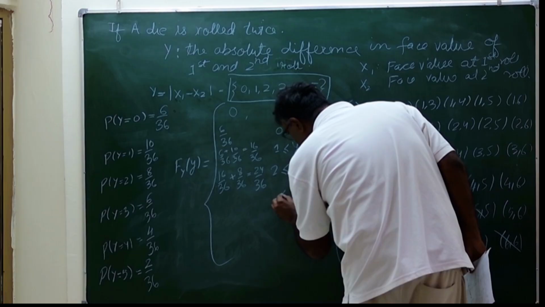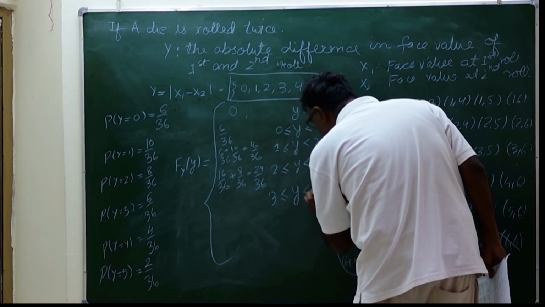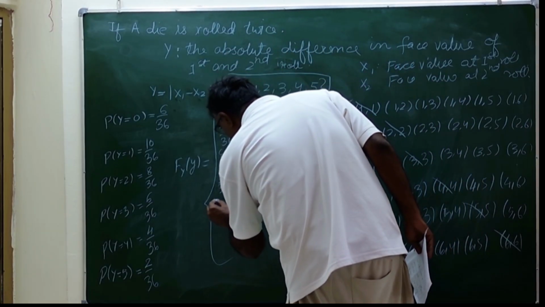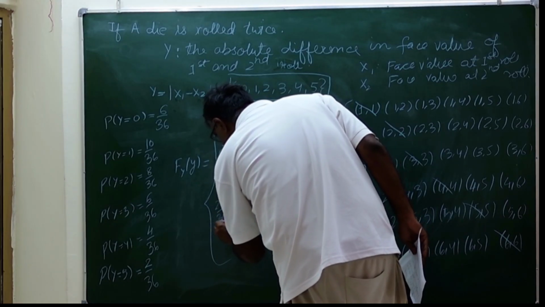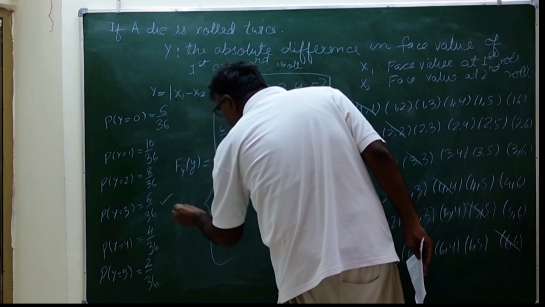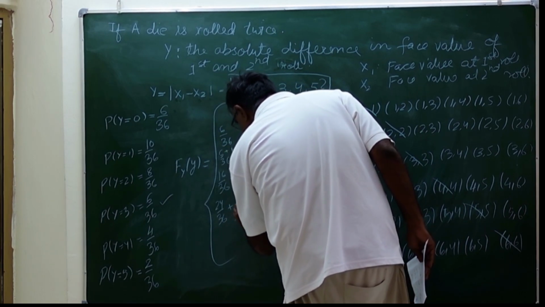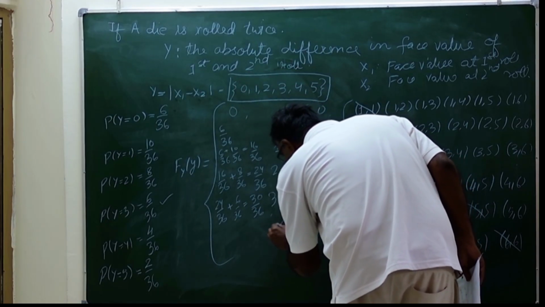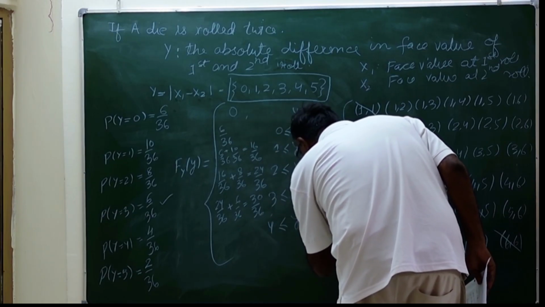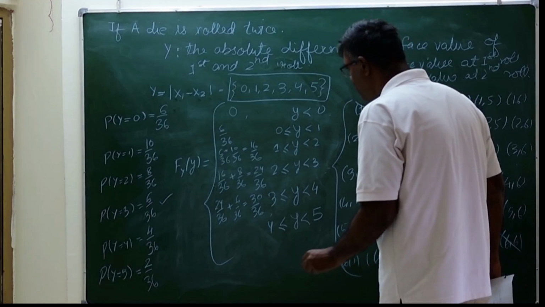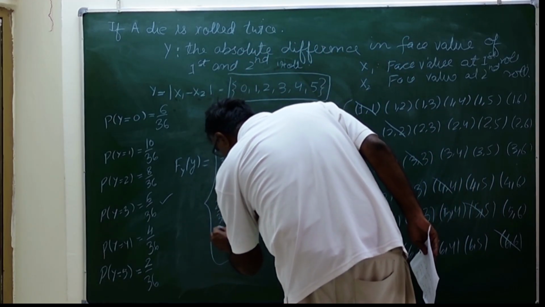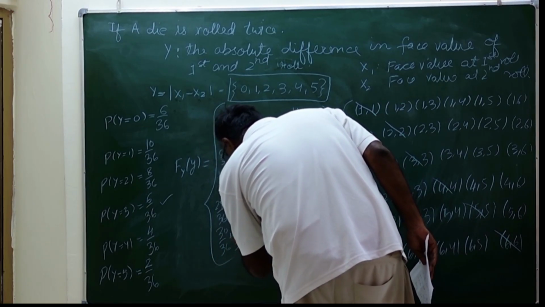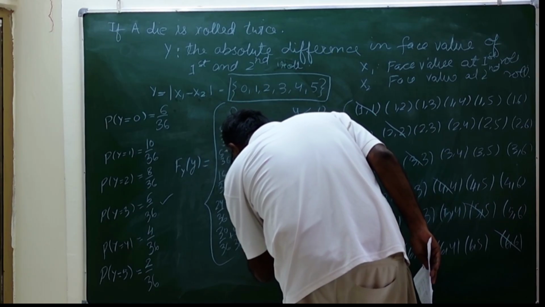Now if y takes the value say 3 but is less than 4, so we will add 6 by 36 to 24 by 36, so it comes out to be 30 by 36. Now similarly, if y takes the value of 4 but is less than 5, for this we will add 4 more to this probability, 30 by 36 plus 4 by 36, so it will be 34 by 36.